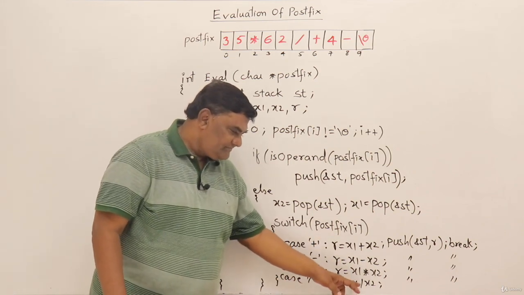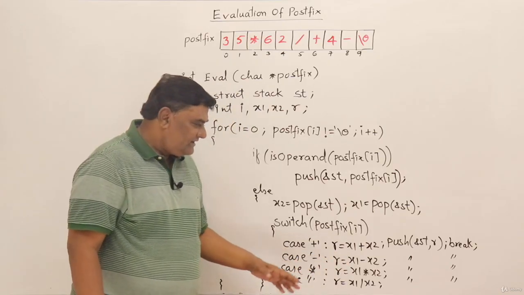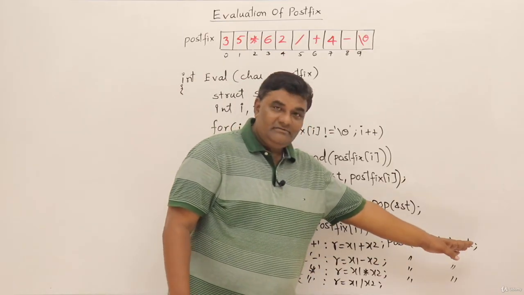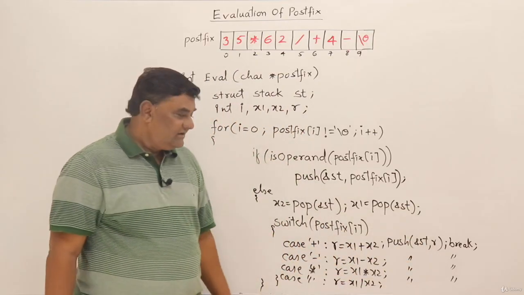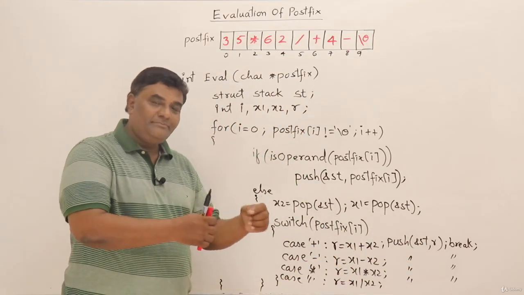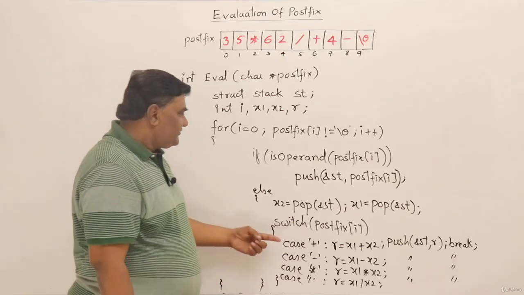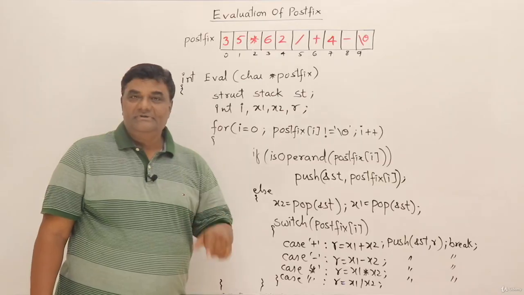Evaluate the expression: perform the operation on the operands, get the result, push it into the stack and break that case. All these are the same statements in all the cases. So this switch case will perform the operation and push the result back into the stack. As this procedure continues through the for loop, at the end of the for loop the result will be in the stack.